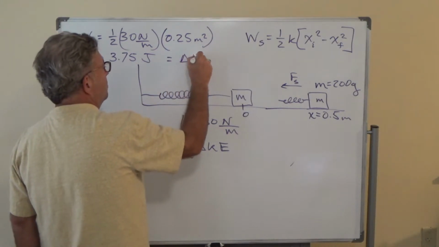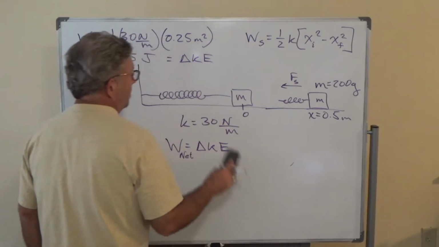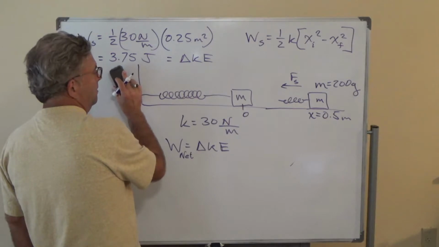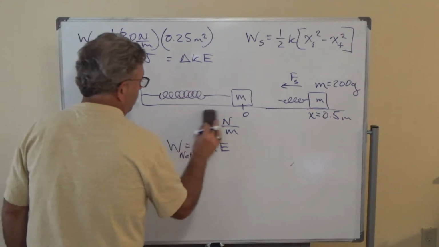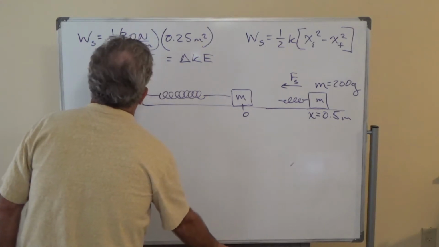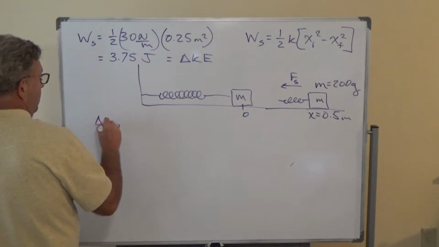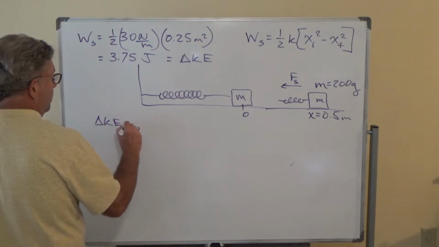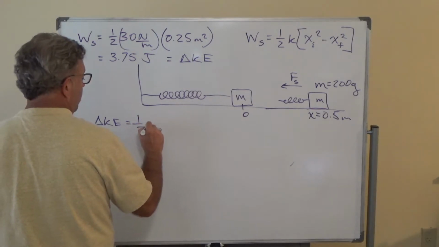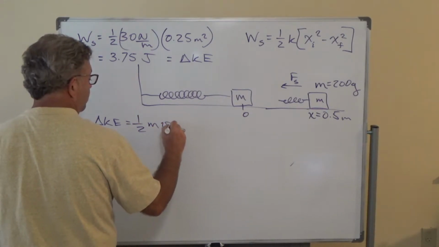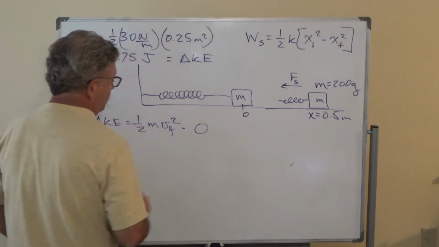And that equals the change in kinetic energy. I'm going to get rid of this picture. I hate to get rid of it. So delta KE is equal to KE final, that's what we're looking for, 1/2 m v final squared, minus KE initial, but that's 0.